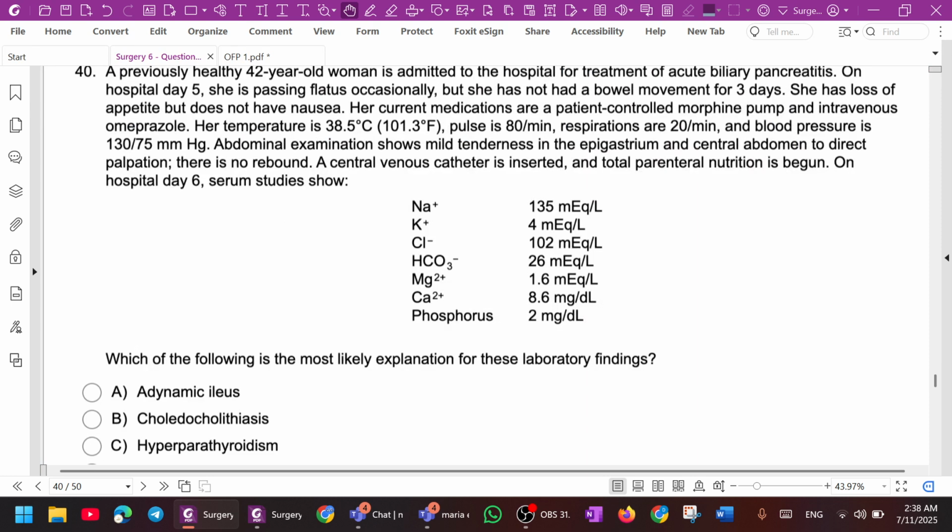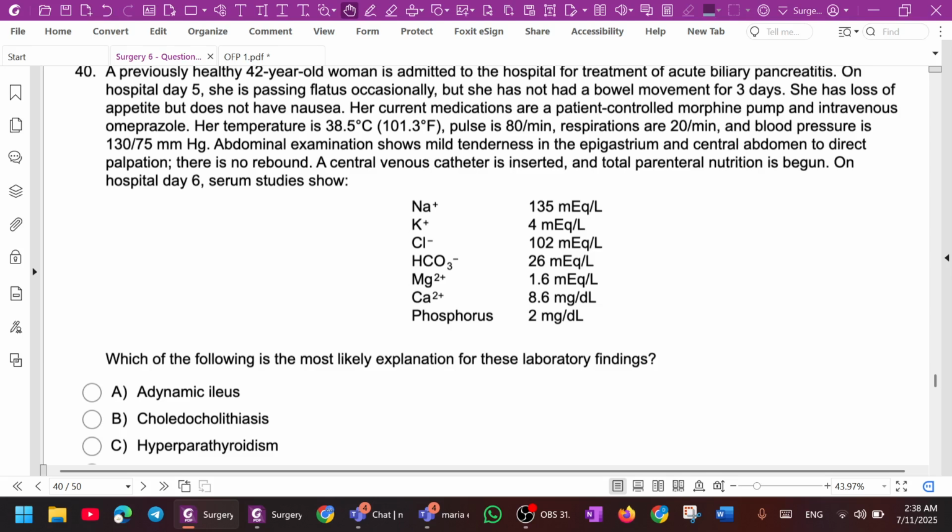A previously healthy 42-year-old woman is admitted to the hospital for treatment of acute biliary pancreatitis. On hospital day 5, she is passing flatus, but she has not had a bowel movement for 3 days.